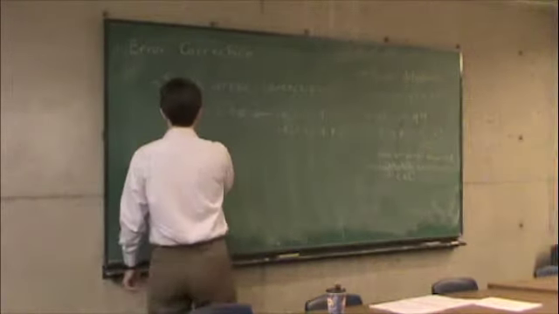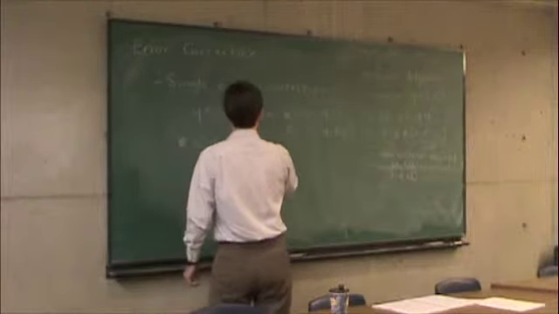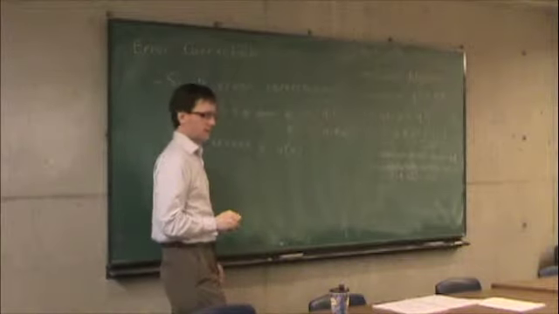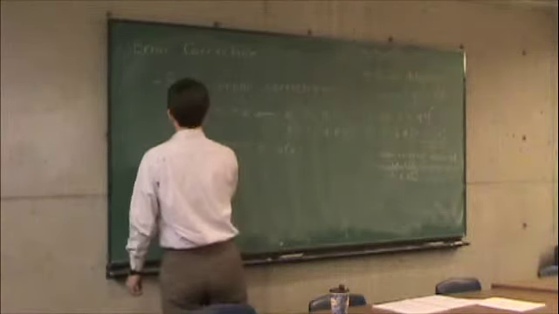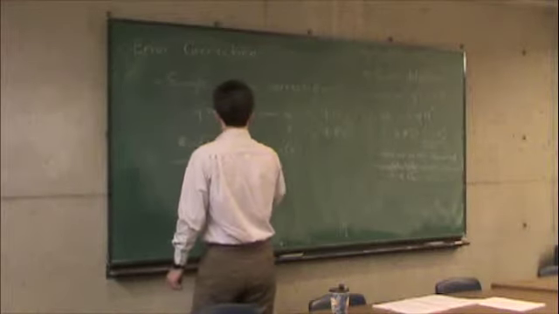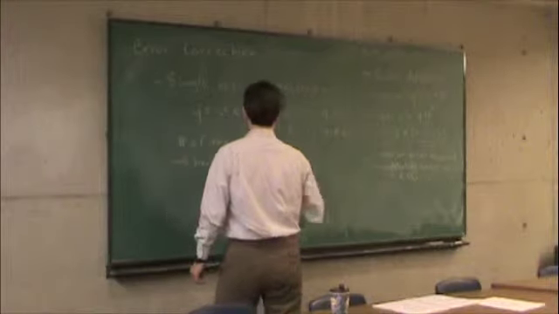So therefore, the number of errors is the Hamming weight of the error sequence. So now I'm going to say I'm only interested in single error correction. So here, I'm going to assume the Hamming weight of the error sequence is equal to 1.